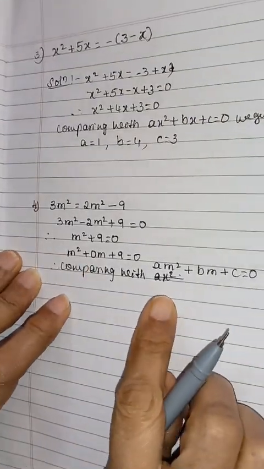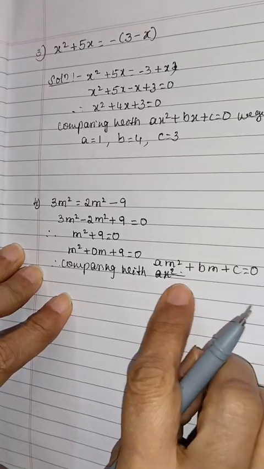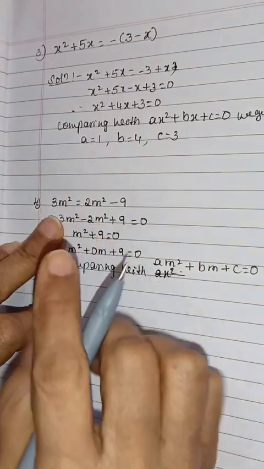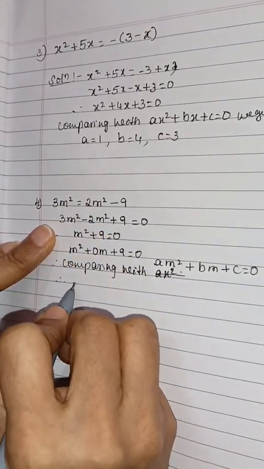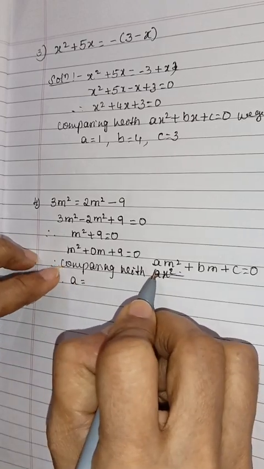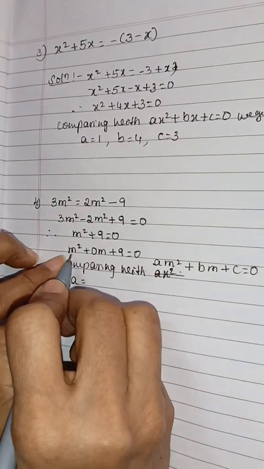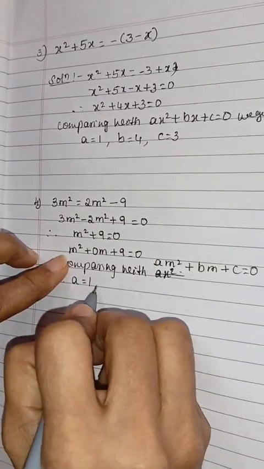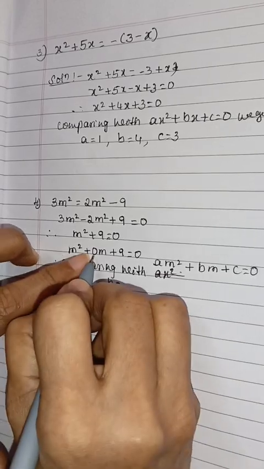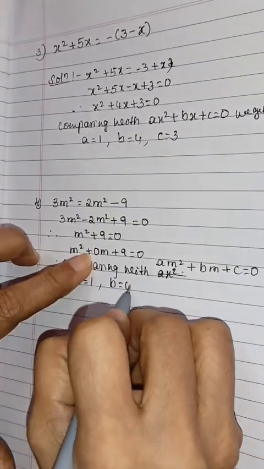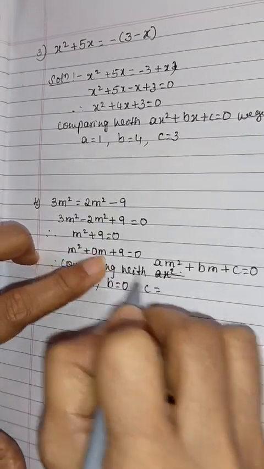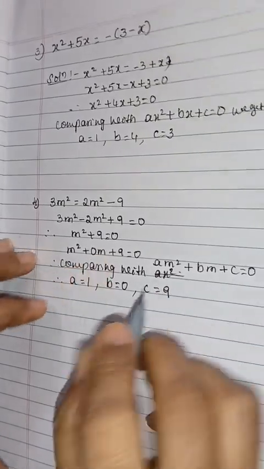This is the standard form of this equation. Therefore a is 1, b is 0, write 0, and c is 9.